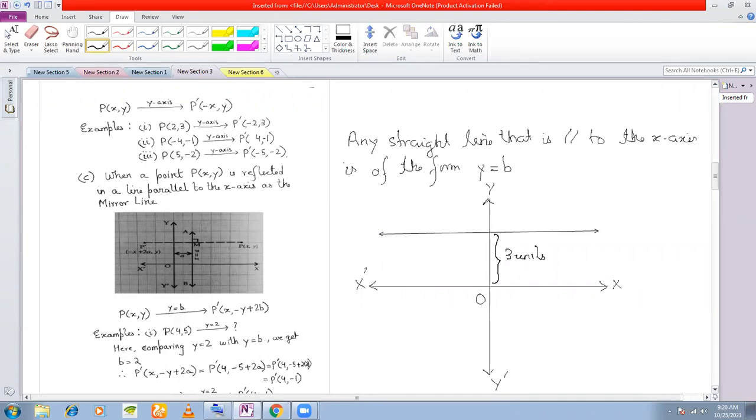Yeah. This distance is 3 units. Then what should be the equation of this straight line? The equation of this straight line will be y is equal to plus 3.